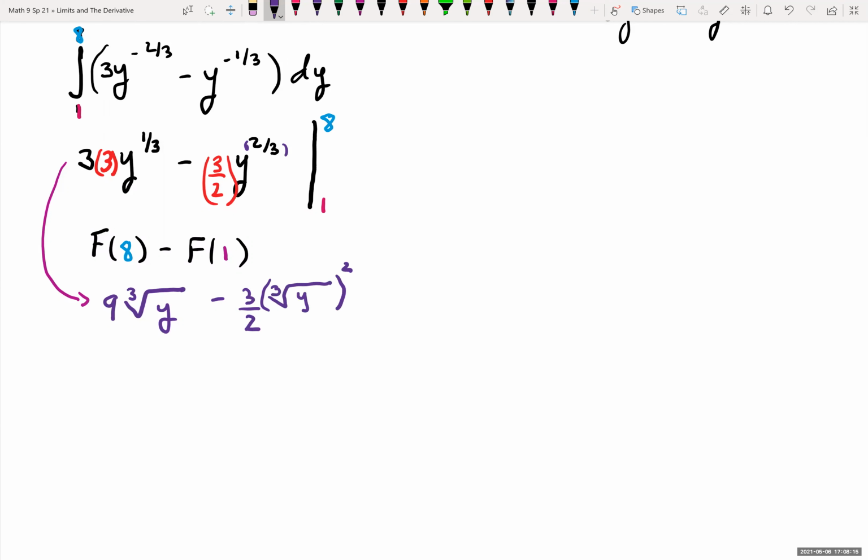And again, we're evaluating this from 1 to 8. So we're going to go in here and we're going to plug in our 8 value wherever we see a y. And so we have 9 cubed root of 8 minus 3/2 cubed root of 8 quantity squared.